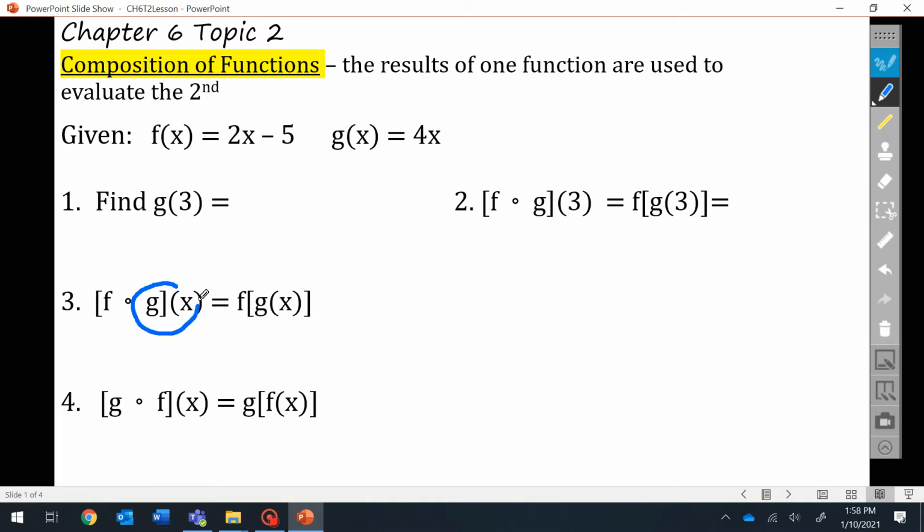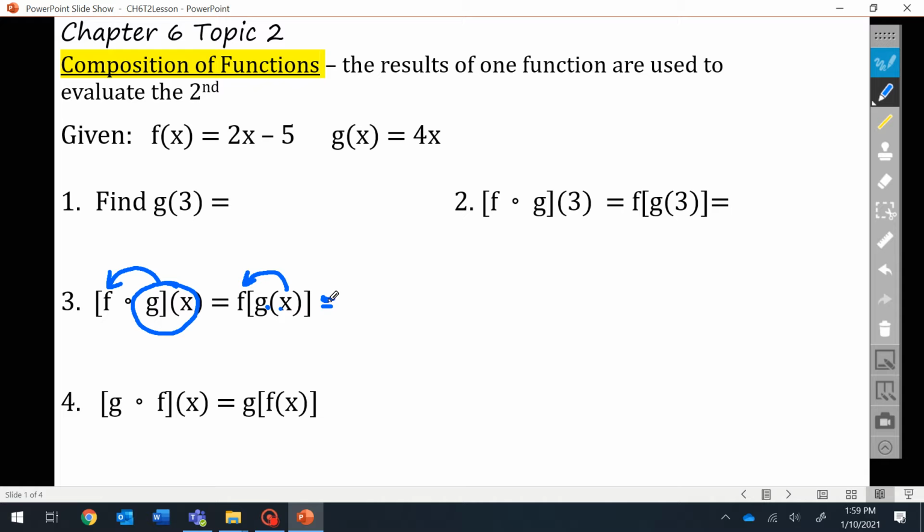We're just going to use the entire function as the input for the f function. So we're not going to be plugging a number into the f function. We're going to be plugging another function into the f function. The g function will be plugged into the f function. So another way to read this would be the g of x function going inside of the f function.